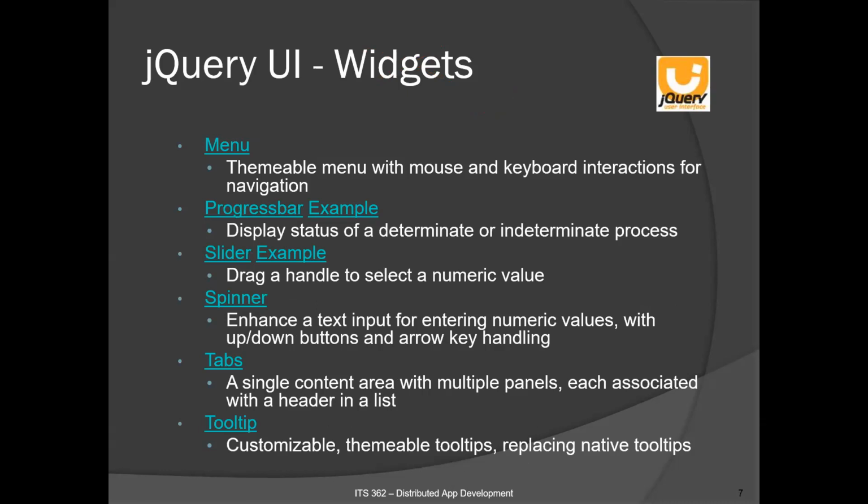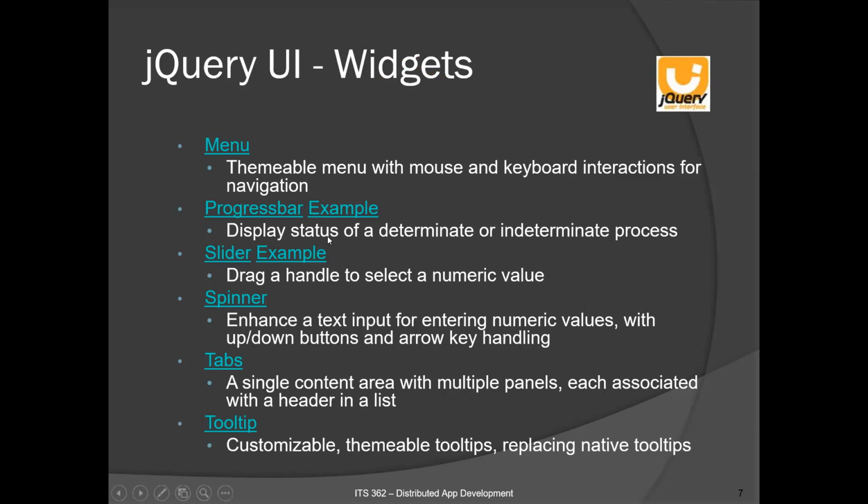You've got things like menus, like a tab, for instance. Tabs are nice where you have a control with all these tabs and then you click on one or the other. So a single content area with multiple panels, each associated with a header and a list. It's just divs within other divs and they have ID names. We just have to learn how to link them.